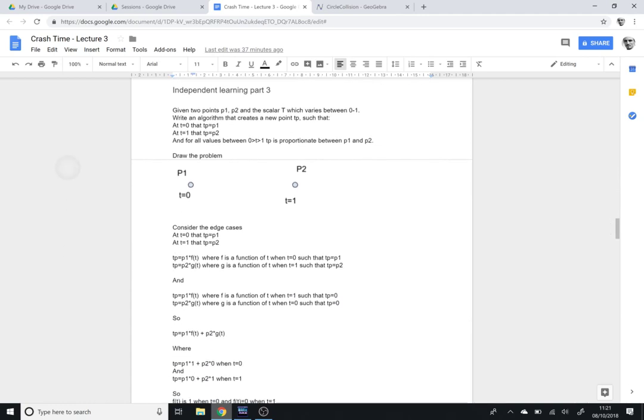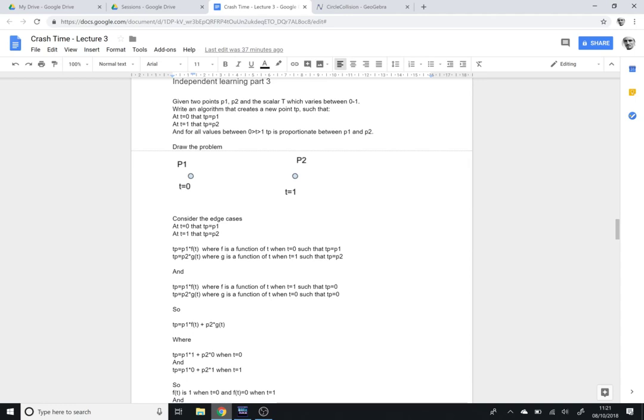Okay, the next point was independent learning part 3: given 2 points, and t, which varies between 0 and 1, write an algorithm that creates a new point such that at t=0, tp is p1, and at t=1, tp equals p2. Right?